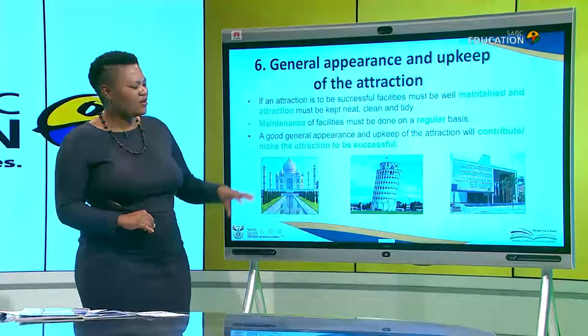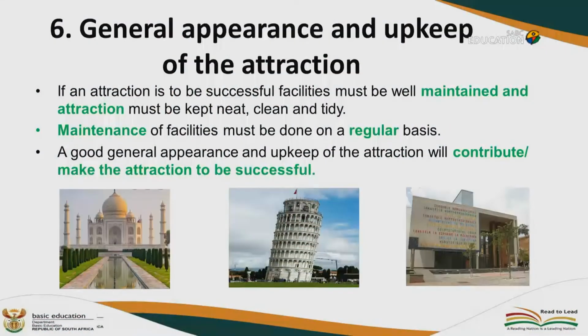And then we've got here the Constitution Hill over here in the corner. That is also very important. You can see the upkeep, guys, the general upkeep. It's neat. You know, because first impressions last. Like when you look at the Taj Mahal, I even can't stop talking about that. You can actually see the general upkeep, well maintained, kept neat and tidy. This particular attraction meets all these requirements for an attraction to be successful.